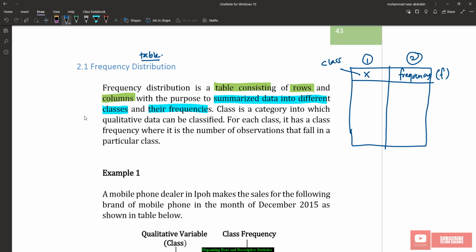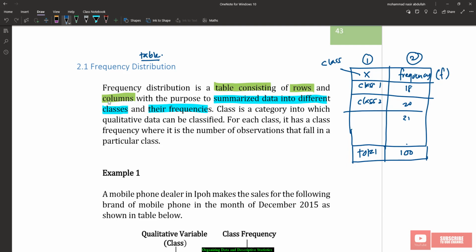And rows, maksudnya each row represents a class: class 1, class 2, and so on. The last row should consist of total. Each row on the second column is your frequency, let's say 18, 20, 21 and so on, and then this is the total of the frequency. Boleh faham? This is a basic frequency table.